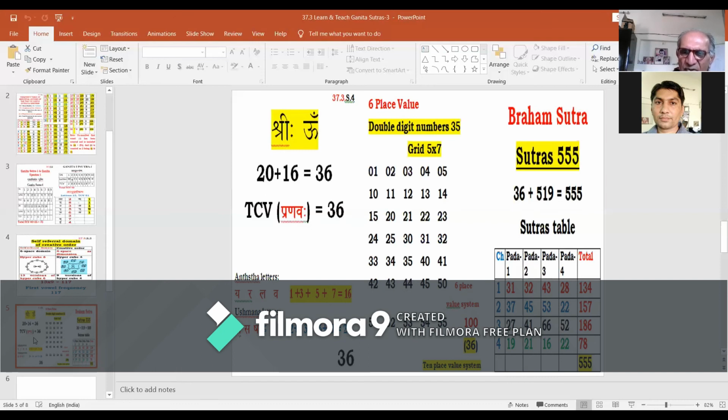Secondly, it also takes us parallel to the split of a square into four quarter squares, and the repeated process takes us to subquarters of quarters of the square. In this way we have an organization feature that 555 is equal to 36 plus 519.